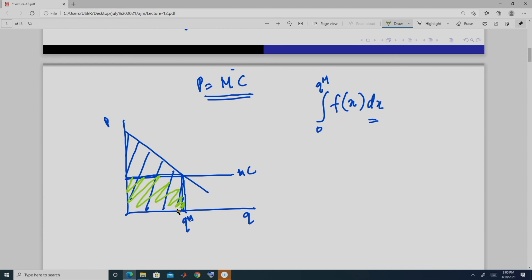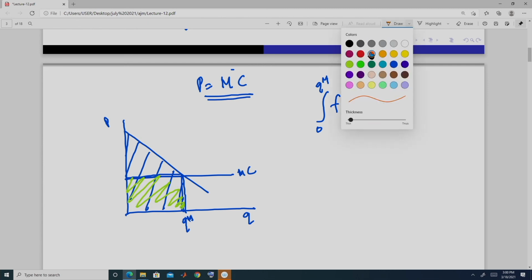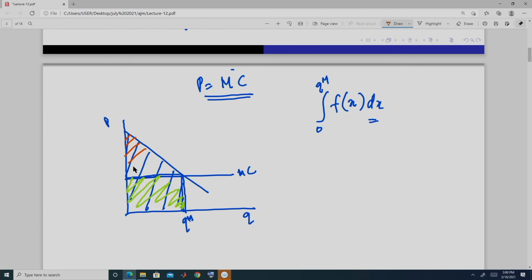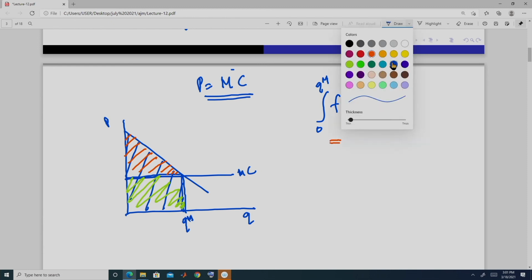Fixed cost does not matter, whatever be the level of output. So, the total surplus in this market is this orange area, and this whole surplus is now going to the monopolist when they can do first degree price discrimination. But the output produced is the competitive output.